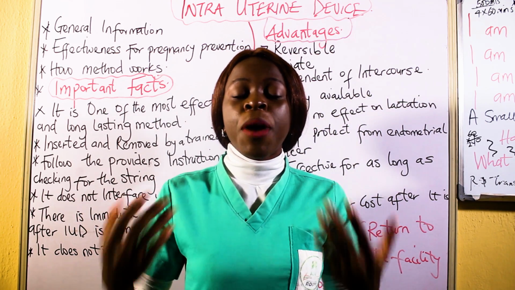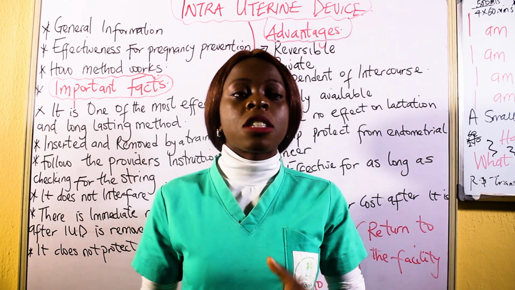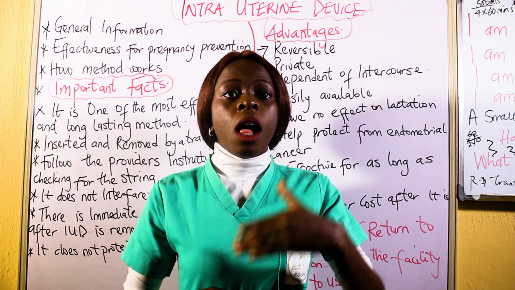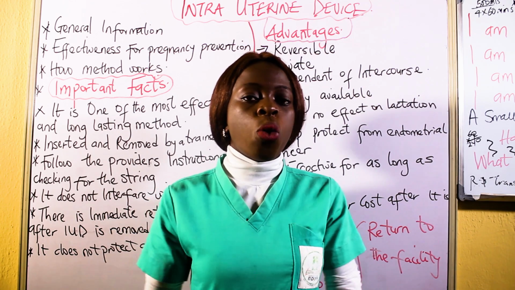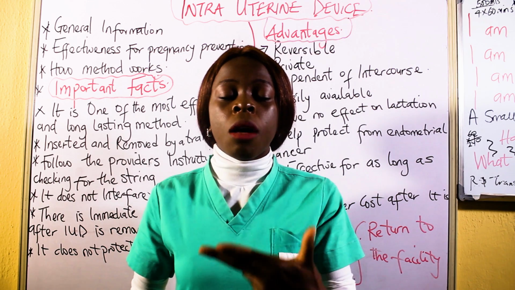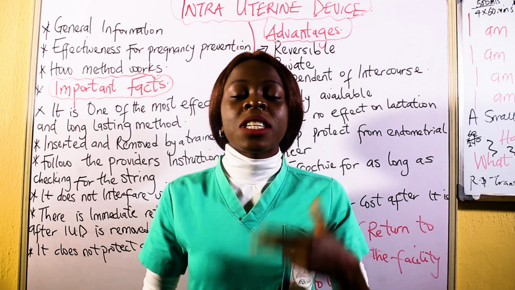Another one I have is pelvic inflammatory disease. For pelvic inflammatory disease, it's usually common when the woman has a sexually transmitted disease, might be having gonorrhea, might be having chlamydia. So the best thing is to actually assess this woman first for any infection before giving this IUD.